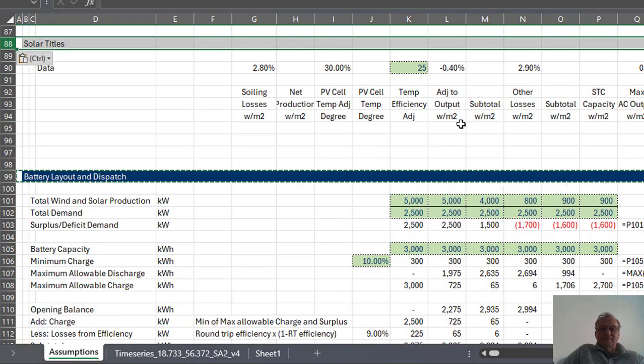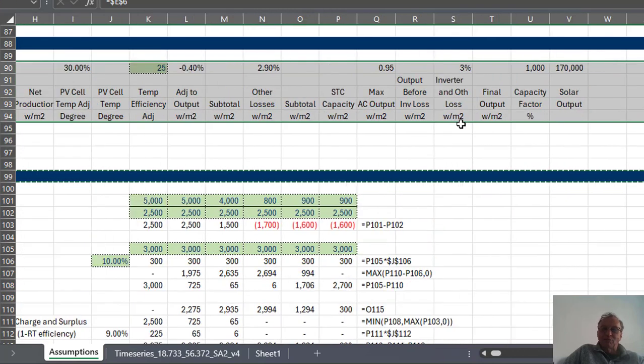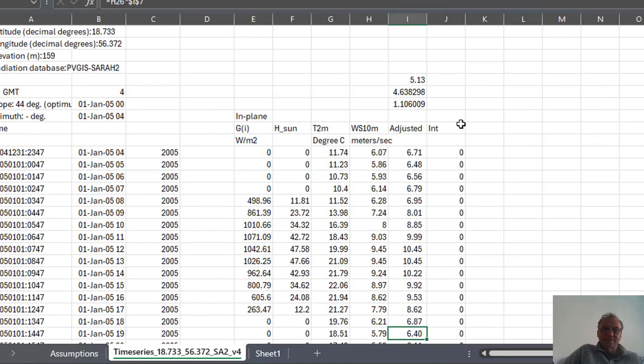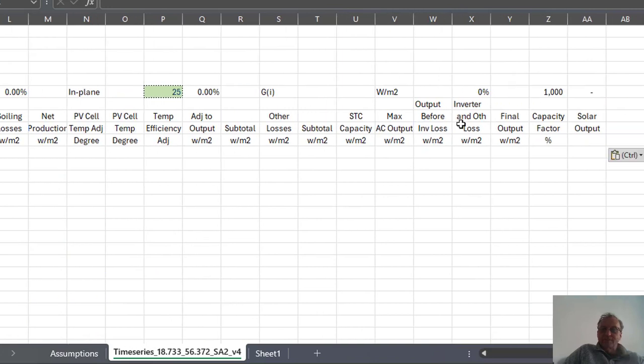Okay. And let's just put all of these solar titles in. That's what I wanted you to be able to do with this one. So this is the first kind of try of it. And we put it over here. And okay, did I go too far?